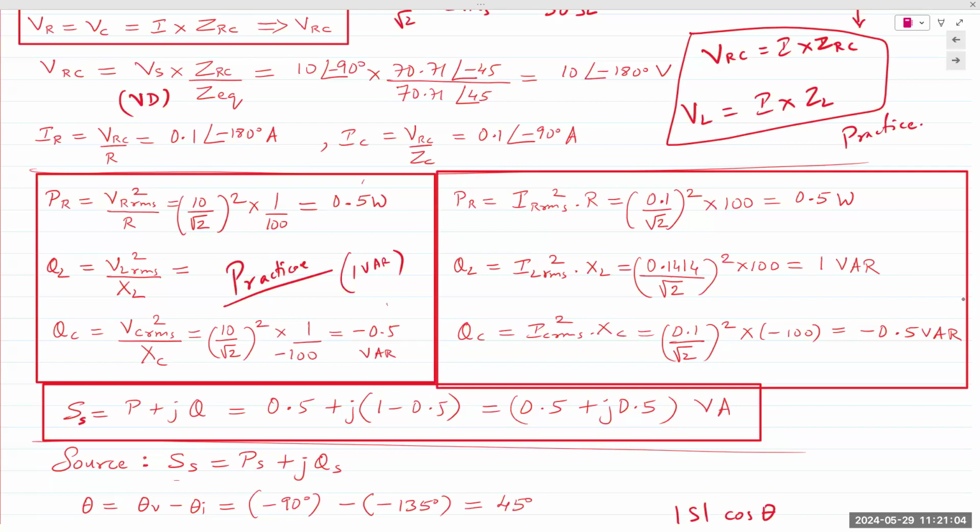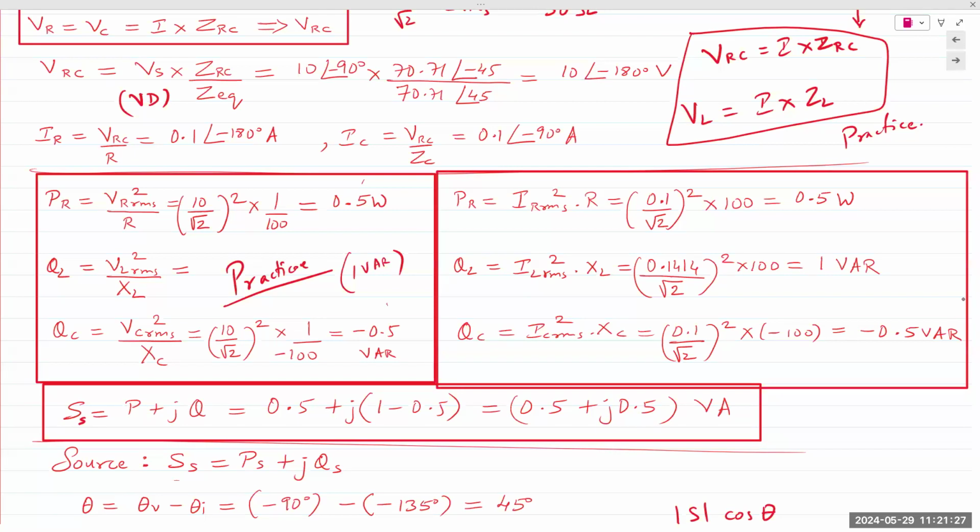Remember, QL is always positive, QC is always negative. Eli the Iceman, voltage always leads the inductor by 90 degrees. So QL is always plus 90, QC is always minus 90. So you always put a minus in the equation for QC.